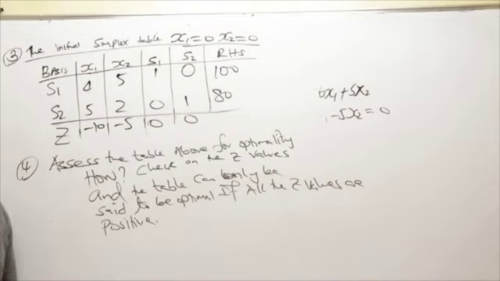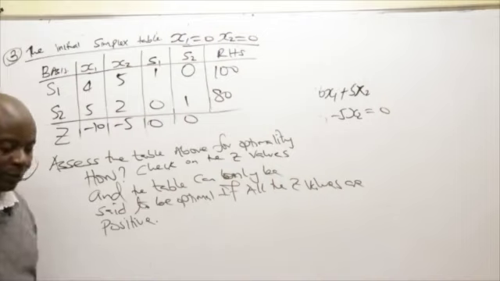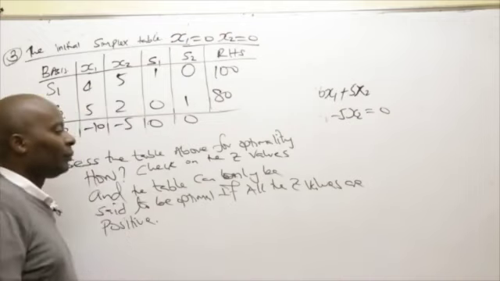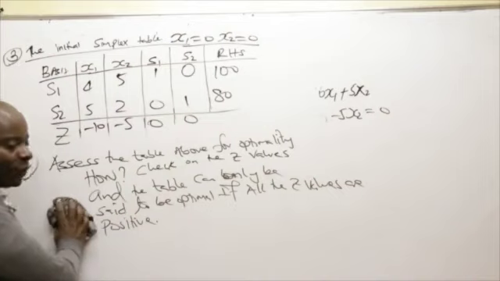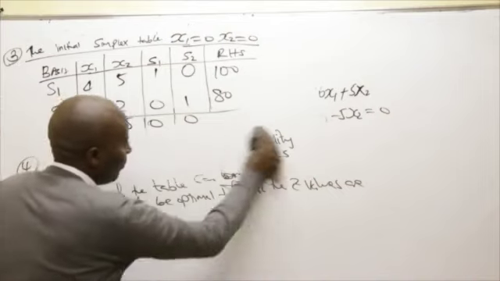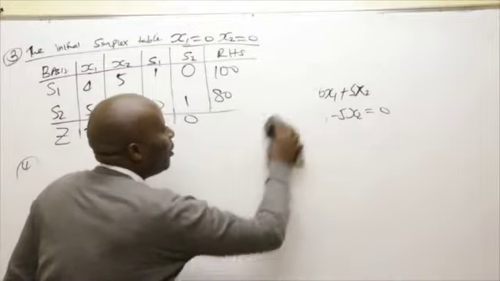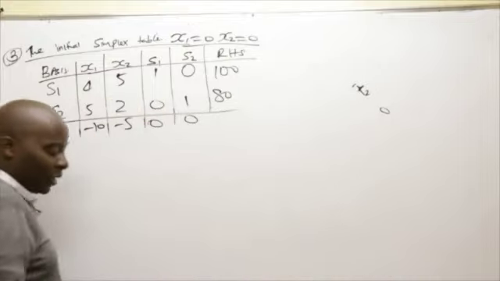So the question that I'm putting across to you: look at the Z values that we have. Are they positive, all of them? No, they are not positive, all of them.